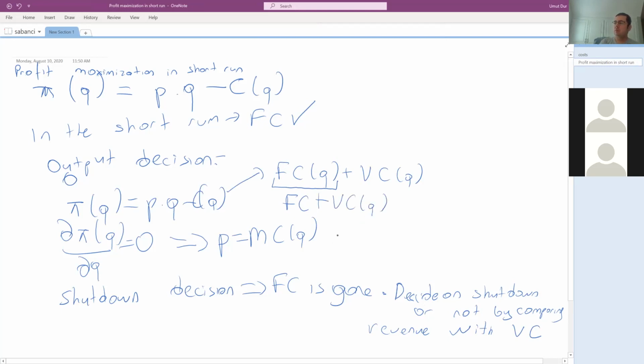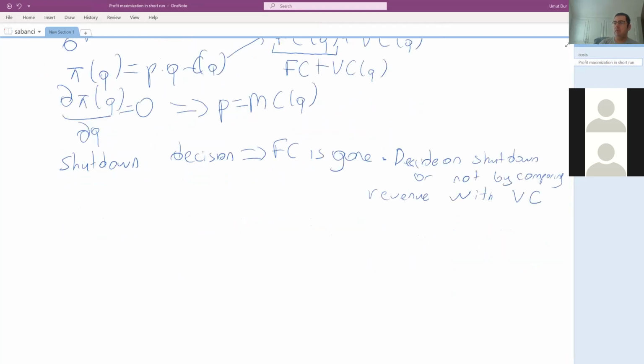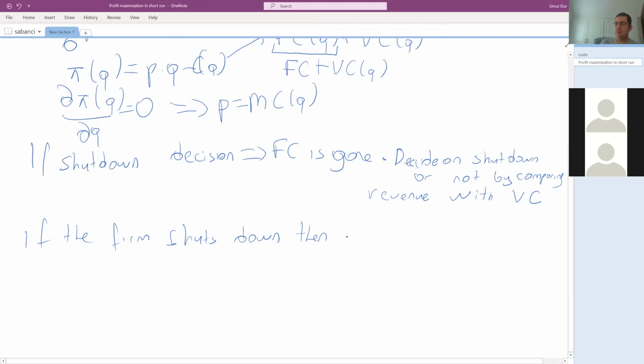Which means that if the firm shuts down, then its profit is basically minus fixed cost.